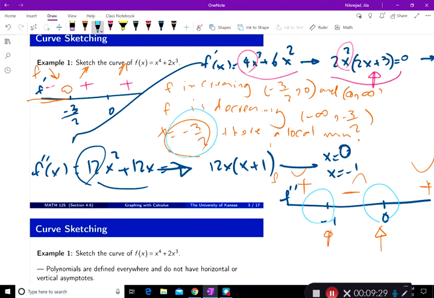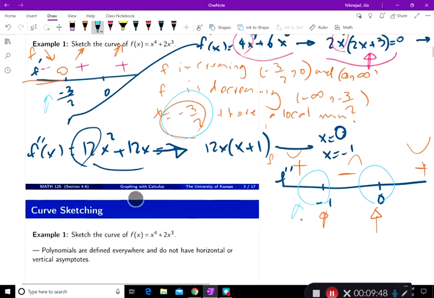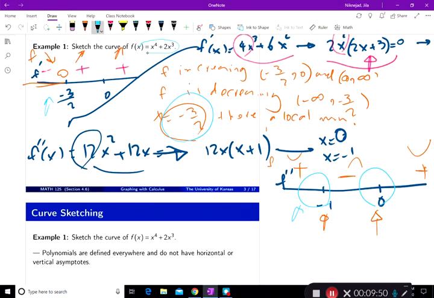What I need to do is basically put all the increasing, decreasing, and concavity together in one piece, and then use that to find how each piece looks like. Before doing that, let's mention a few things. First of all, this is a polynomial, so there is no vertical or horizontal asymptote for it at all.